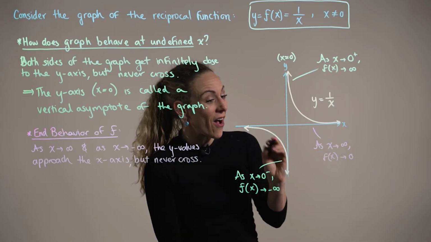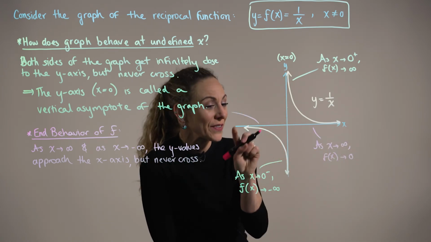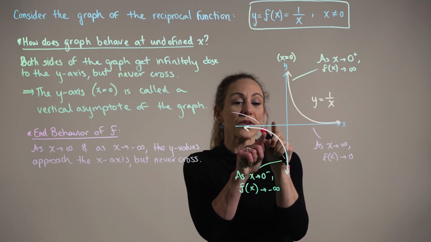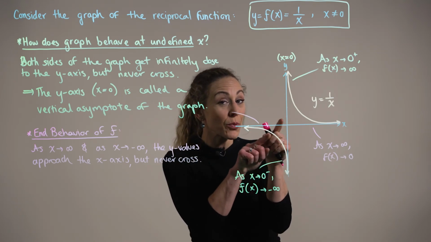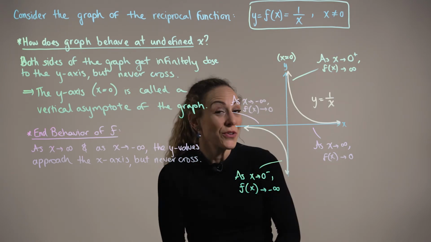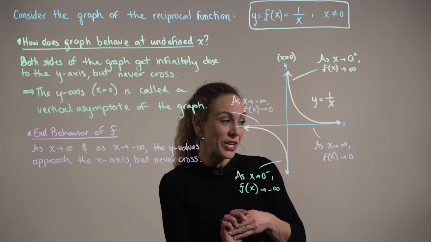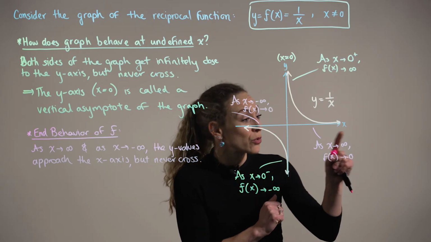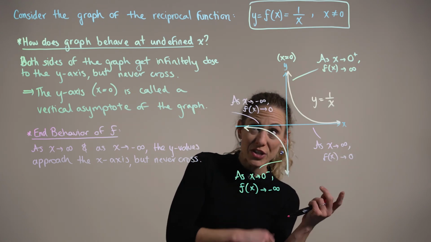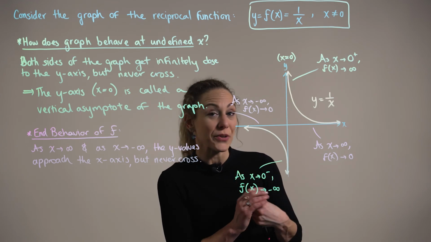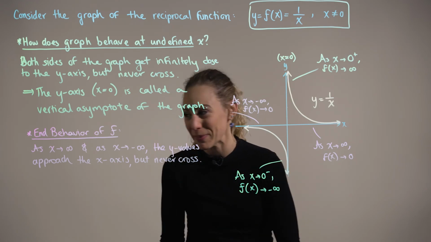And very similarly, on the left, as x is approaching negative infinity, the y values are also approaching the x-axis, or y equals 0, but never crossing. So when the y values of a function are approaching that same constant value as x grows without bound in a positive direction and in a negative direction, we say that that y value is a horizontal asymptote.